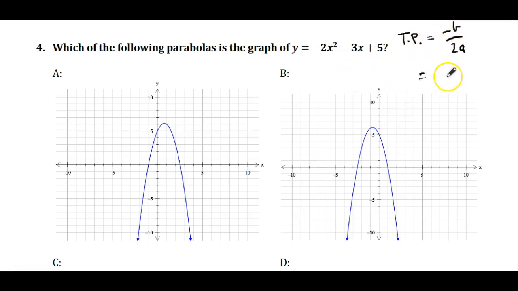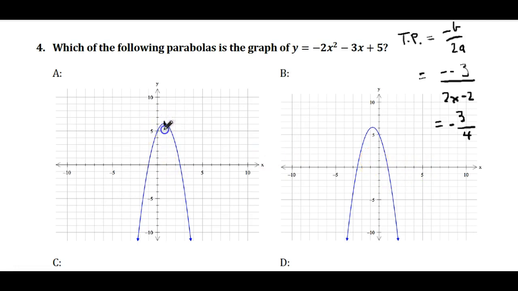So -b, so we have -3, because b is -3, over 2 times -2. Well, this is tricky. All these negatives might make you make a mistake. So we have +3 here. 2 times 2 is 4, and we end up with a negative, so -3/4.